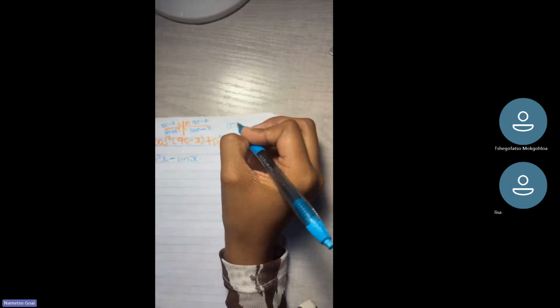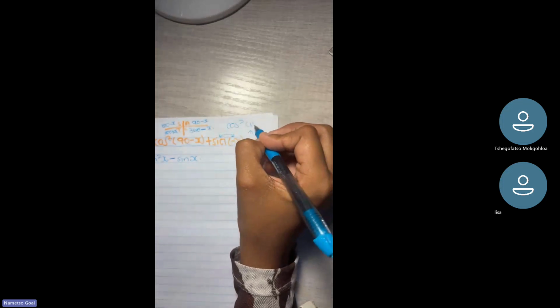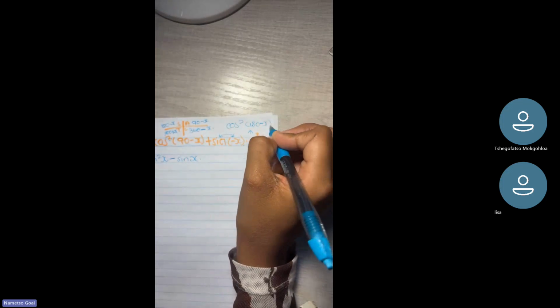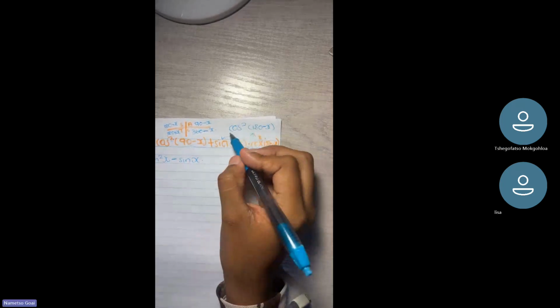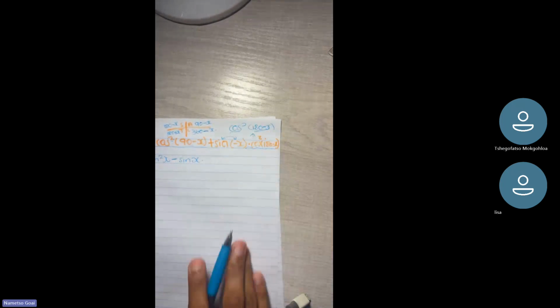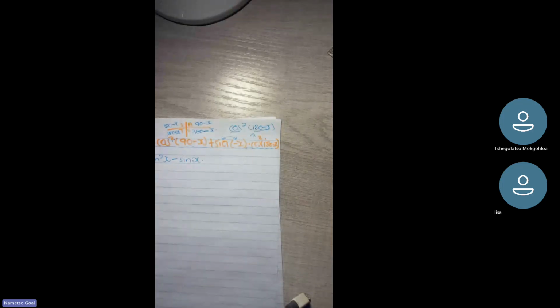Okay, so it's written as cos squared 180 minus x, right? Yes, ma'am. So cos at 180 minus x, is it positive or negative? Oh, negative. It is negative, right?